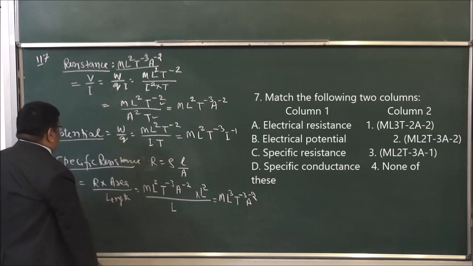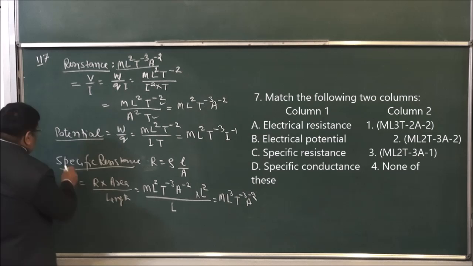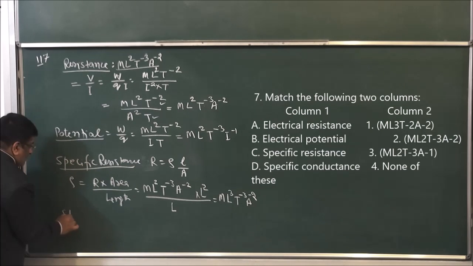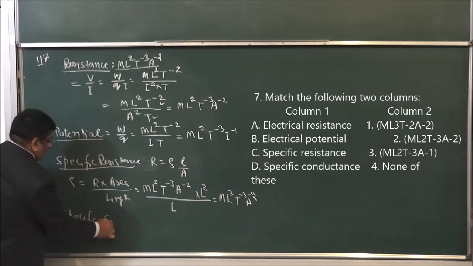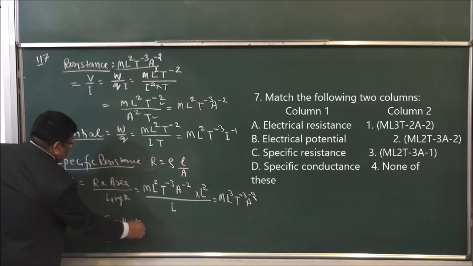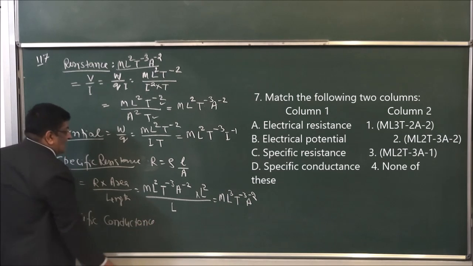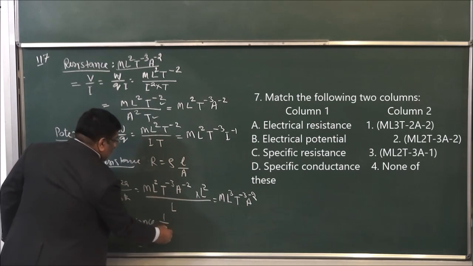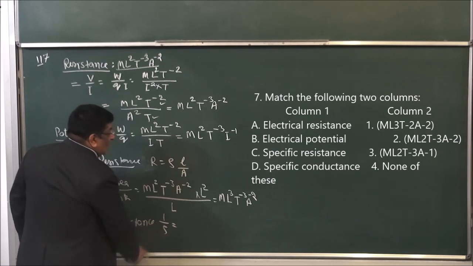This is specific resistance, and the fourth is the specific conductance. The specific conductance is 1 upon specific resistance, that is inverse of it.